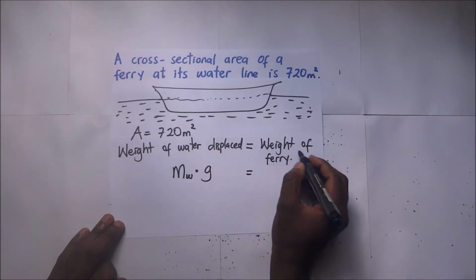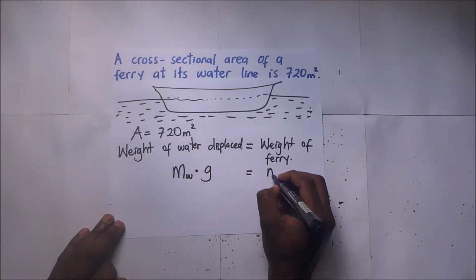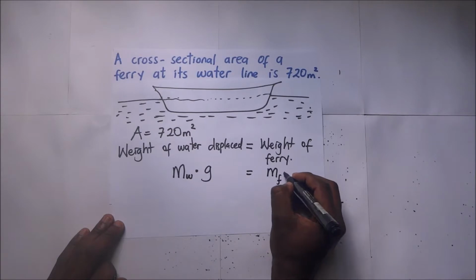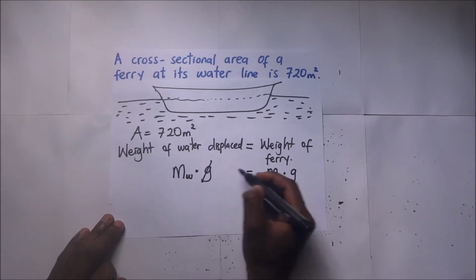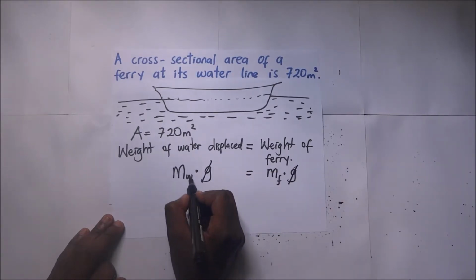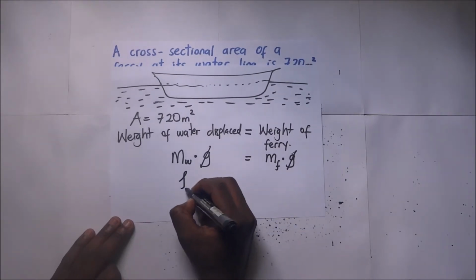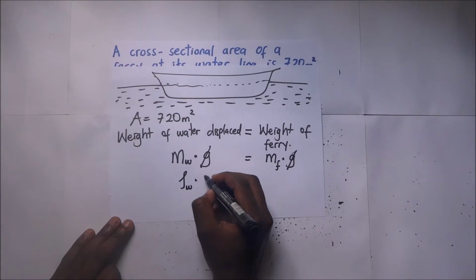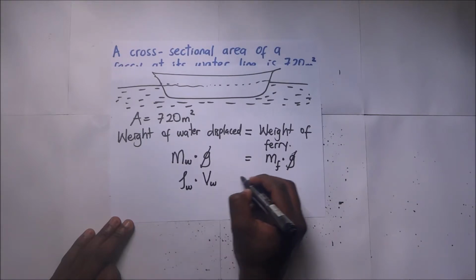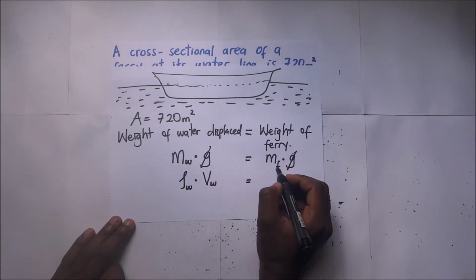That is given by the weight of the ferry, which is comprised of the mass of the ferry multiplied by gravity. Of course these values of g will cancel, and we remain with the mass of water. The mass of water is given by the density of the water in the sea multiplied by the volume of the water. That is given by the mass of the ferry.